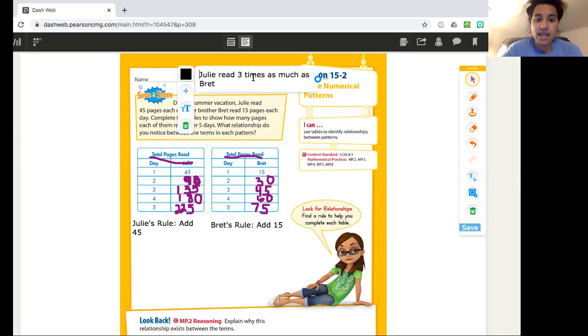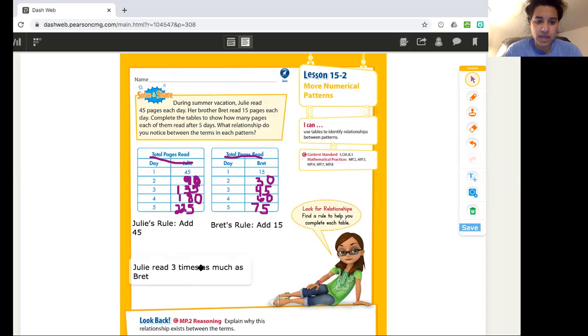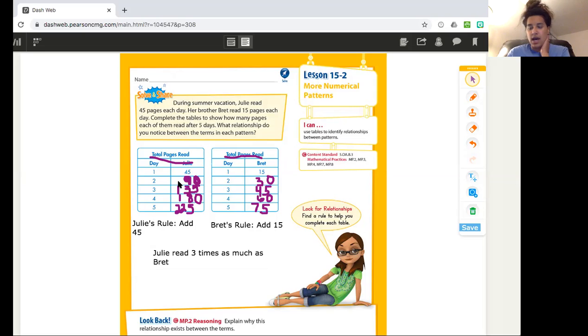Okay, and that is the relationship that I notice between the terms in each pattern. Now, if you just wrote Julie read more, that's not a specific enough pattern. That's not a relationship between the terms, okay?